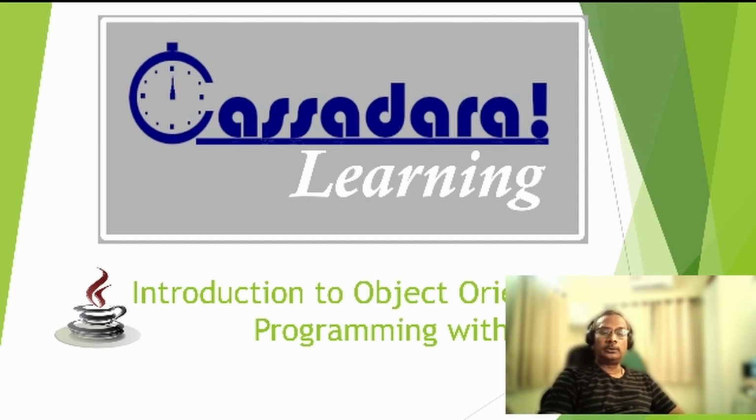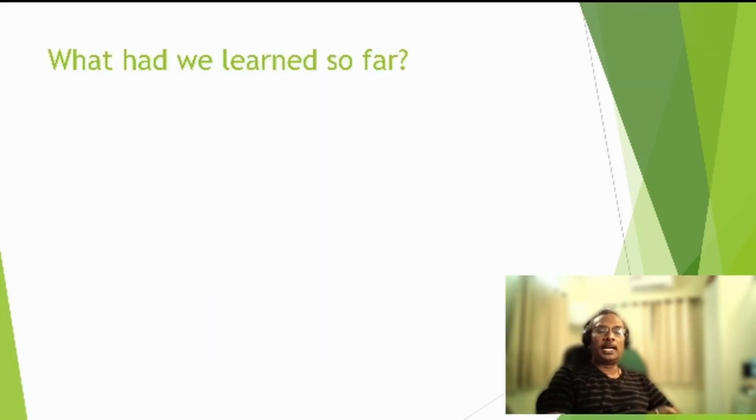Today we are going to talk about object-oriented programming in Java. Before that, we will just get a recap of what we had learned so far, not just the previous session in entirety, because we are getting into a new paradigm of object-oriented programming.